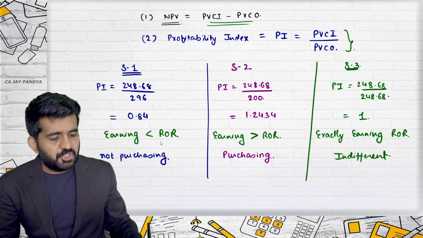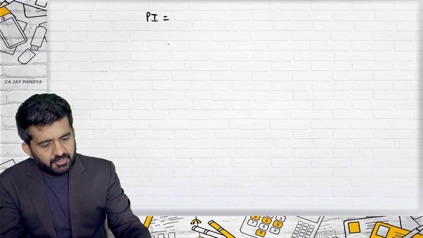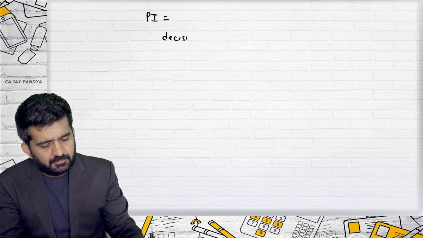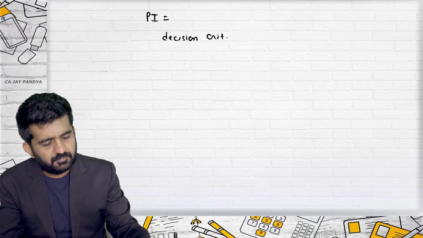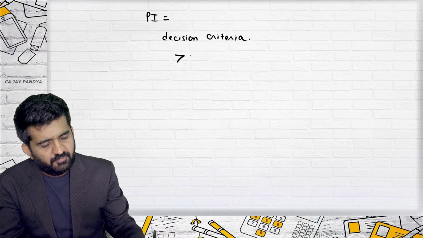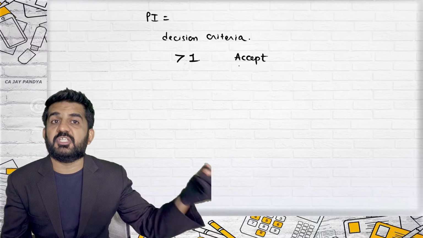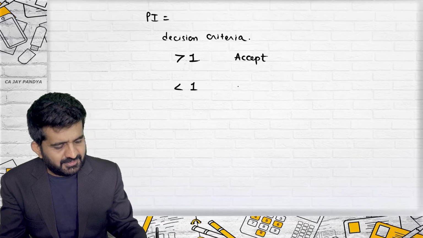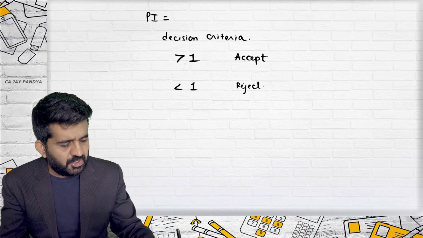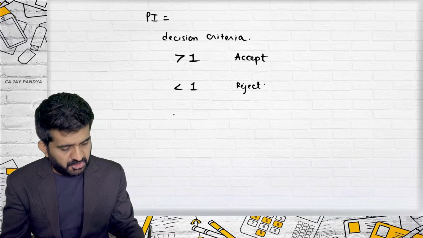What will be the decision criteria in profitability index? If it is greater than 1, accept the project or purchase the machinery. Less than 1, reject the project or do not purchase the machinery.